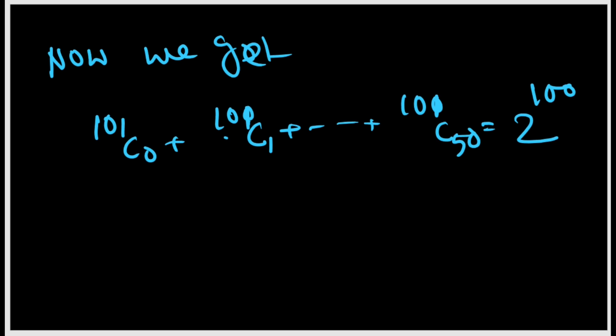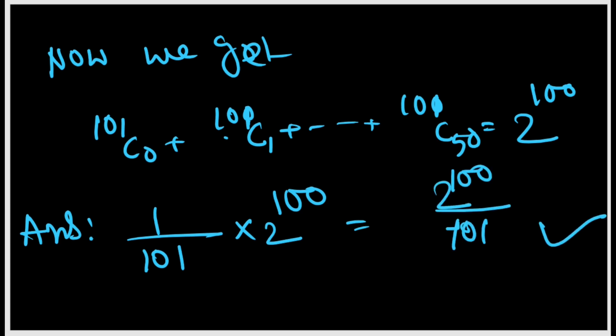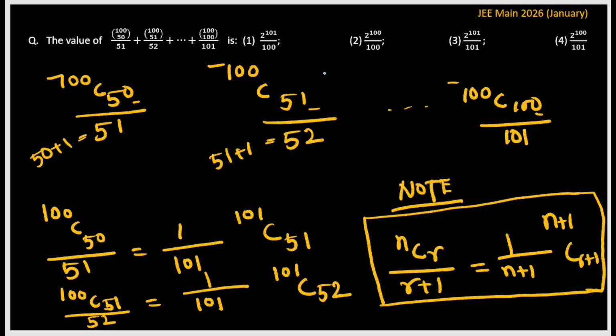So our answer is 1 upon 101 into 2 to the power 100. So check this answer: 2 to the power 100 by 101. This is the correct answer. This is the fourth option, 2 to the power 100 by 101. So the fourth option is correct.